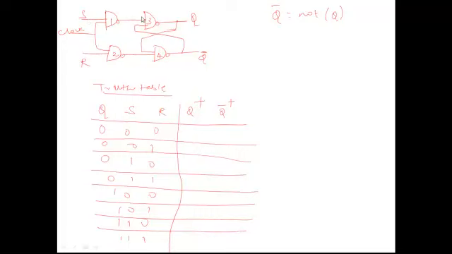Okay, so input to the flip-flop 3 is 1, and another input to the flip-flop 4 is also 1. Now to determine the next output, you need to know what the current state is, because with 1 you have no idea whether the output will be 0 or 1.